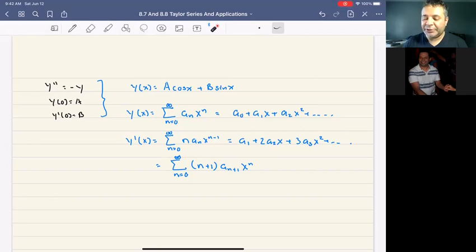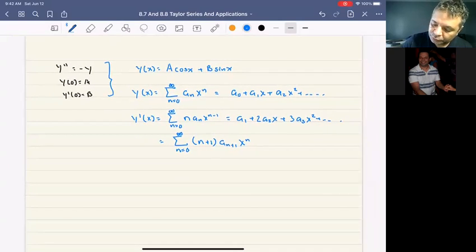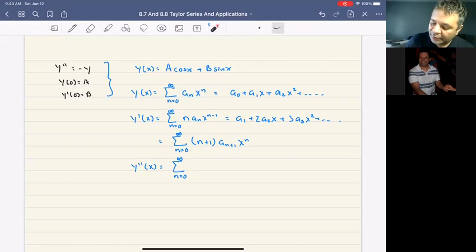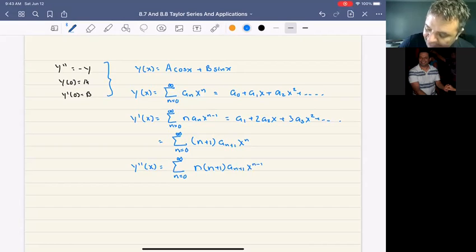We're going to do this one more time. We're going to take the second derivative, because we have the second derivative here. y double prime of x equals, I'm just going to differentiate this here. So I'm going to get n times n plus 1, a sub n plus 1, x to the n minus 1.